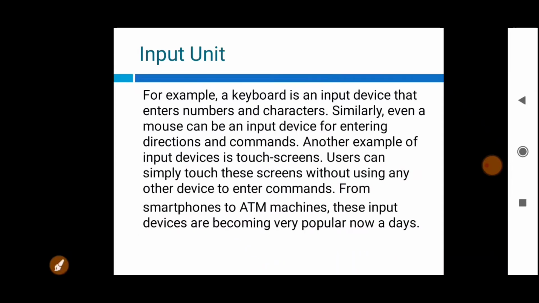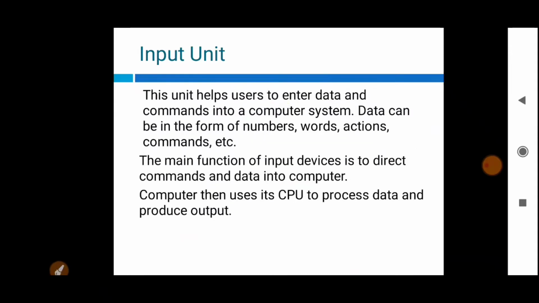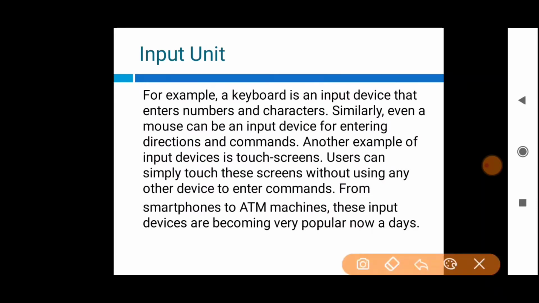Now for example, a keyboard is an input device. Similarly, your mouse can be an input device which can be used for entering the directions and the commands. When you click on any command or any button on the screen, that also can be used to send the directions or the commands to the computer.